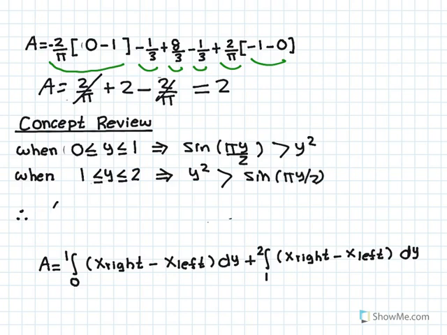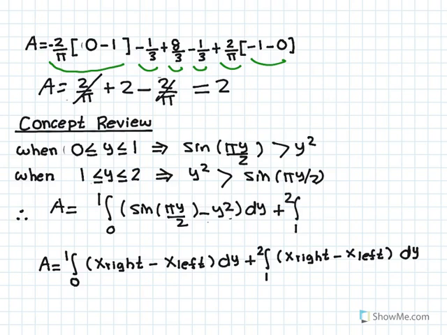So we set up the definite integral. Area is equal to the integral from 0 to 1, and it's always more minus less, x right minus x left. So that's going to be sine of pi y over 2 minus y squared dy, plus the integral from 1 to 2 of x right minus x left, y squared minus sine of pi y over 2.